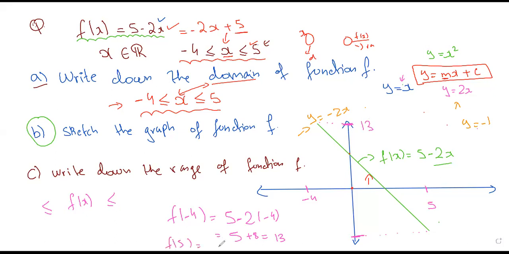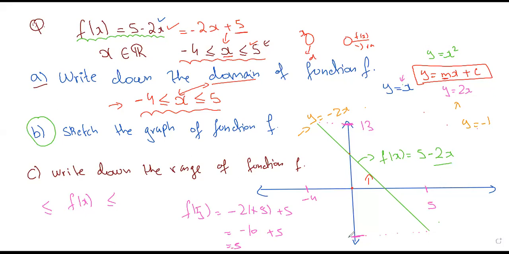Please tell me what would be f of 5? Okay, minus 2 into 5 plus 5 is minus 10 plus 5, that is minus 5, because we have minus 10 here.